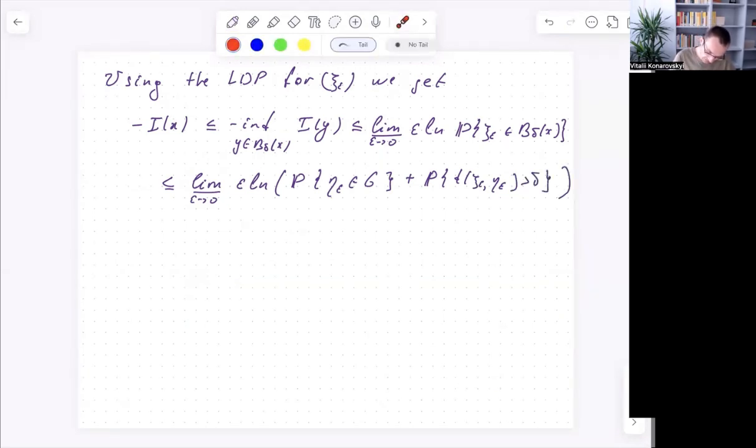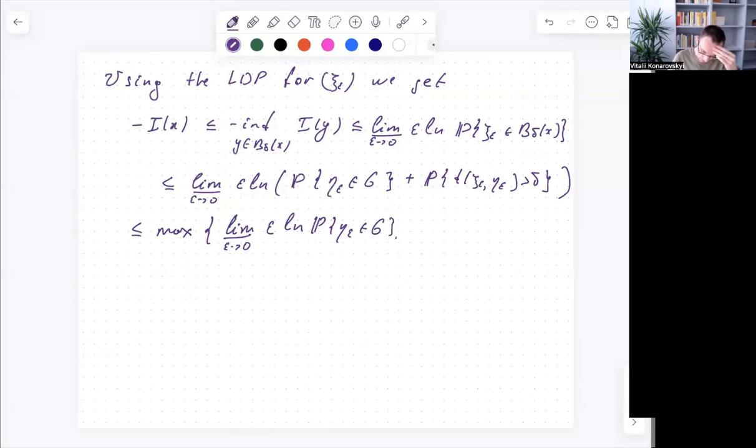And now, similarly, as we showed for the upper limit, you also can show for the lower limit that this can be estimated by maximum. But now between lim inf as epsilon goes to 0 of epsilon logarithm of the probability that psi epsilon belongs to G, and then lim sup as epsilon goes to 0 of epsilon logarithm of the probability that the distance between psi epsilon and the approximation at epsilon is larger than delta.